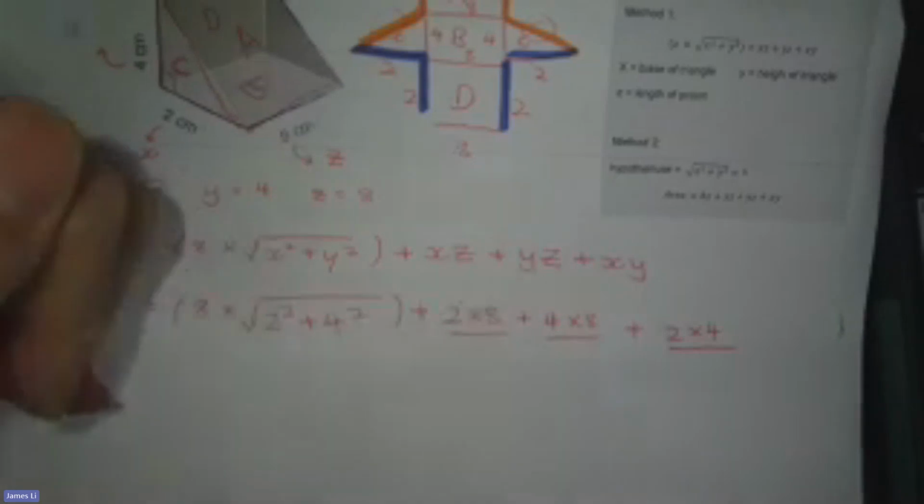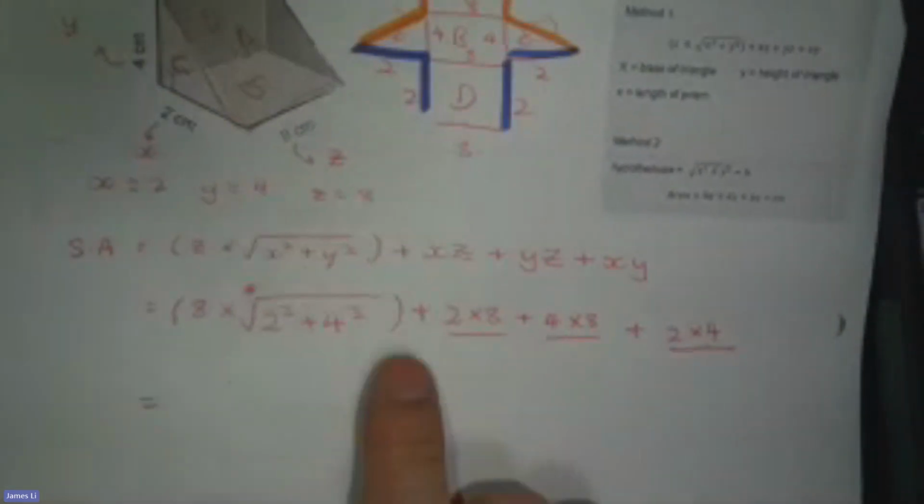Your z is 8, so 8 multiplied by the square root of 2 squared, your x is 2, plus 4 squared, your y is 4, close bracket, plus xz: x is 2, z is 8, so 2 multiplied by 8, plus yz: y is 4, z is 8, so 4 multiplied by 8, plus xy: x is 2, y is 4, 2 multiplied by 4. Okay, so let us continue from there.